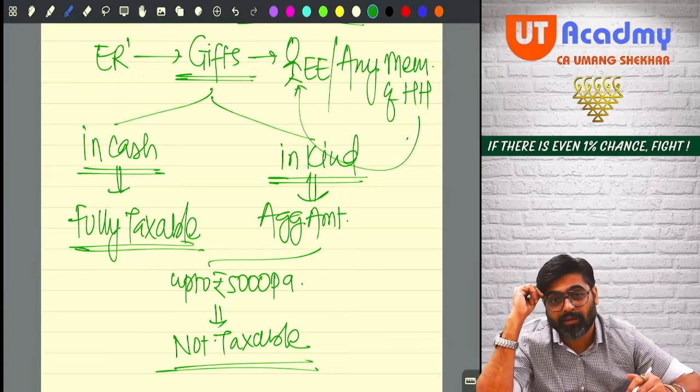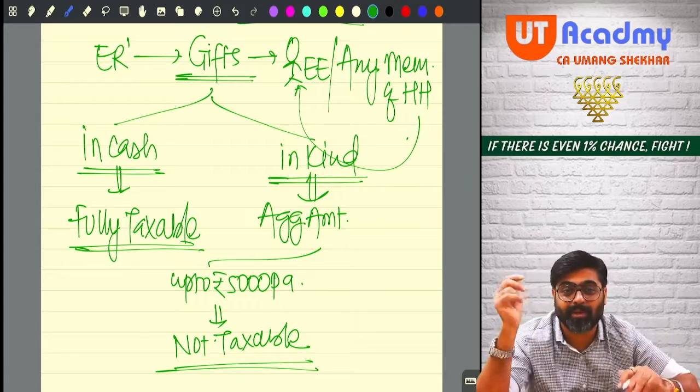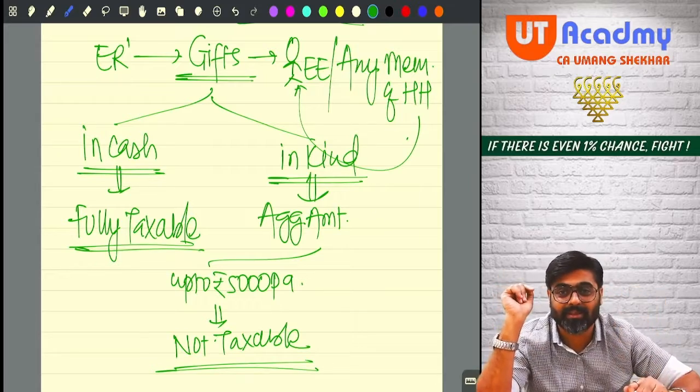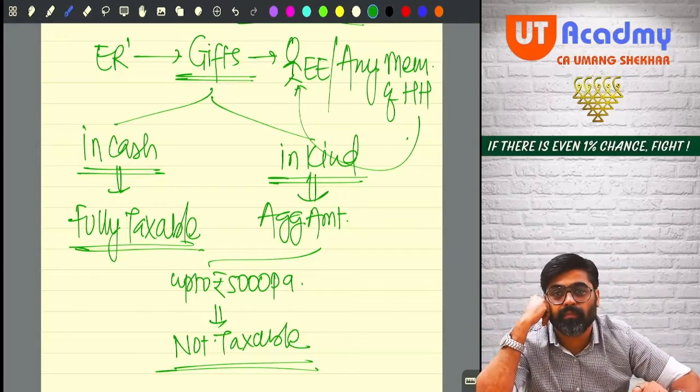Then what we did? If it is more than 1000 per month per child, then it is taxable. Two possibilities, either the full amount is taxable or the excess can be taxed. Same logic we are supposed to apply here also.